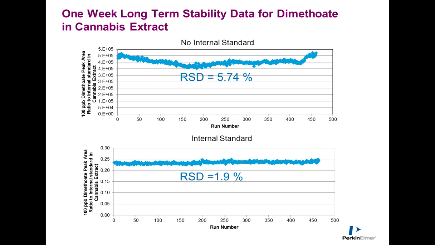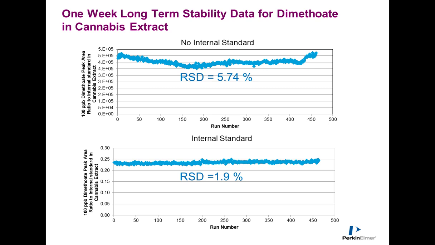And what's important for any pesticide method or any method in general is the robustness. We know that cannabis samples are often quite challenging. They're sticky. They can leave deposits on the hardware as they're introduced to the LC-MS. So one of our studies was a durability study. Here we can see 500 samples being run over the course of the week.